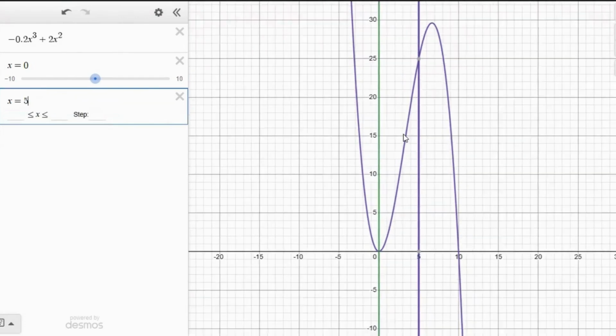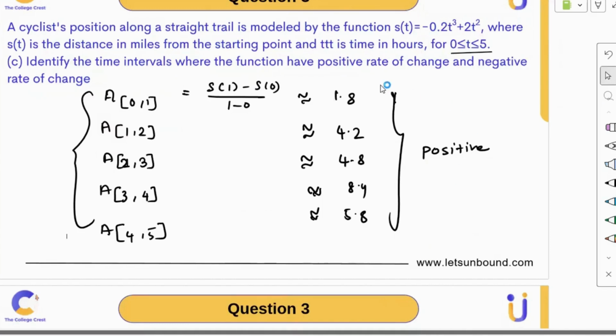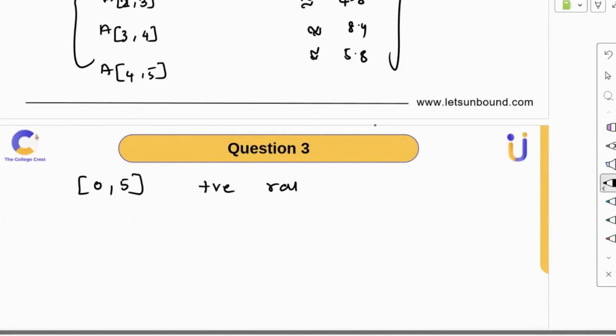In this interval, you can clearly see it's an increasing wave. It's increasing, right? When you put your finger on this and move to the right side, you go up. So it's increasing, and we got the same estimation from working on the equation. So finally, we can say from 0 to 5, we have a positive rate of change. And they have asked about negative also.